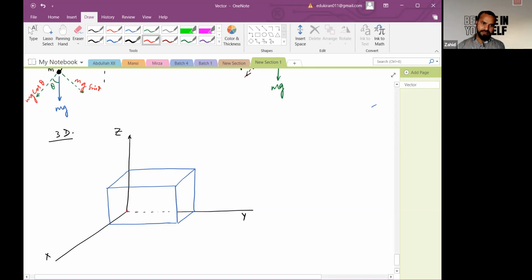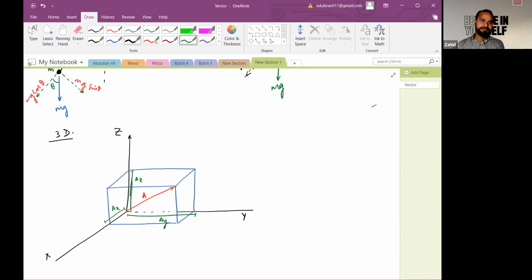So a vector joining from this point to this point will be A, which will have three components. One will be along this side as AX, the other will be along this side as AY, and the other would be along this side as AZ.